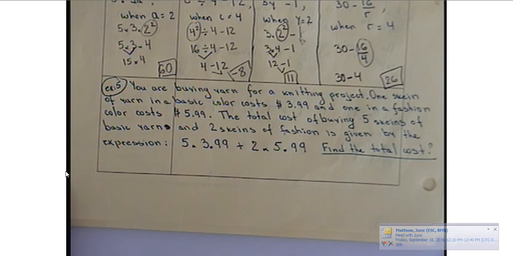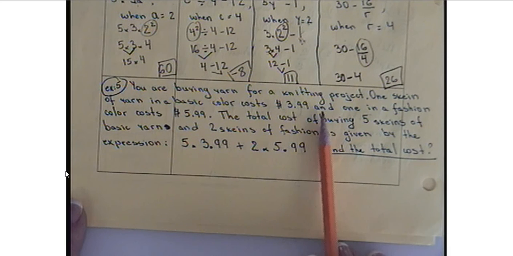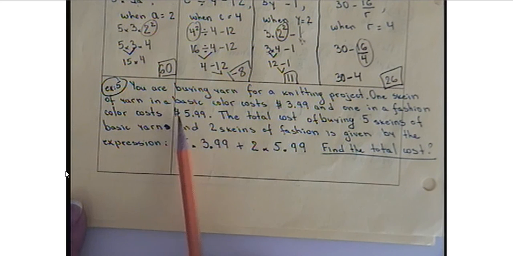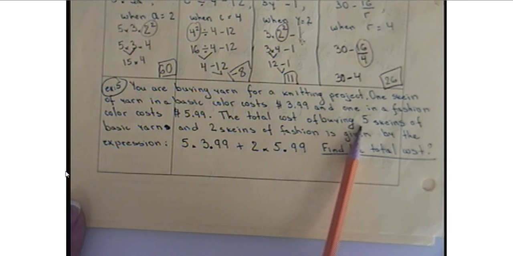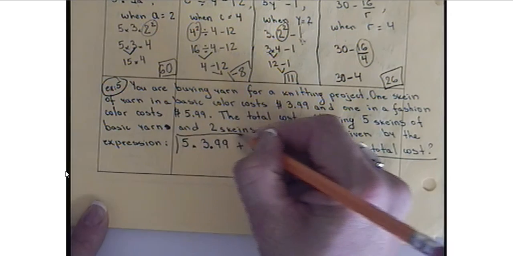One skein of yarn in a basic color costs $3.99, and one in a fashion color costs $5.99. The total cost of buying 5 skeins of basic and 2 skeins of fashion is given by this expression. So we have been given the expression already.